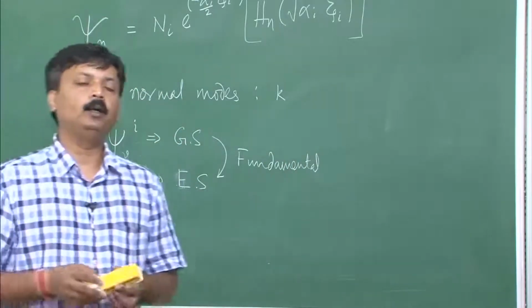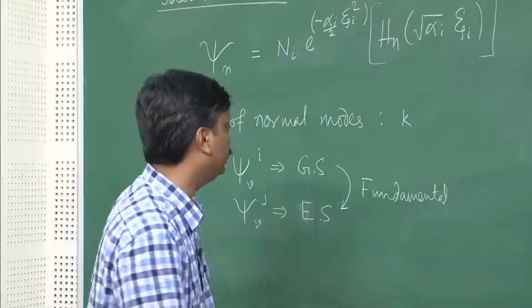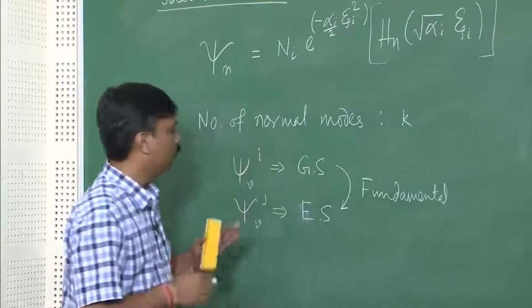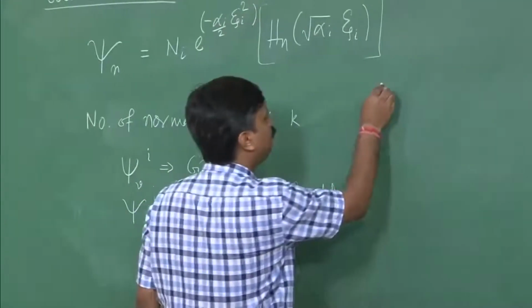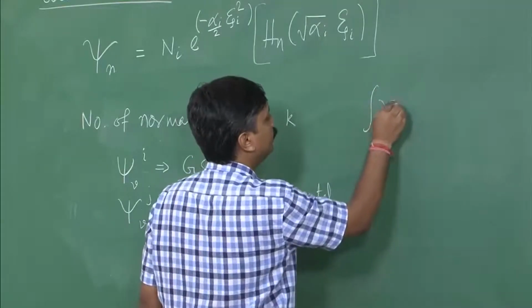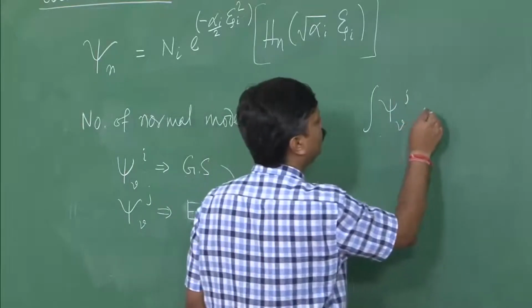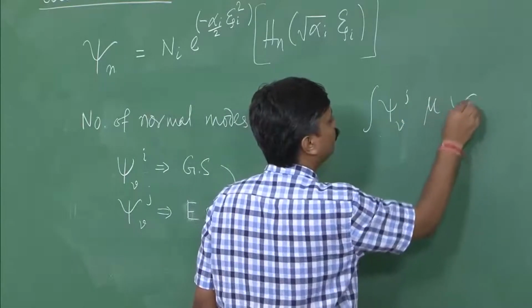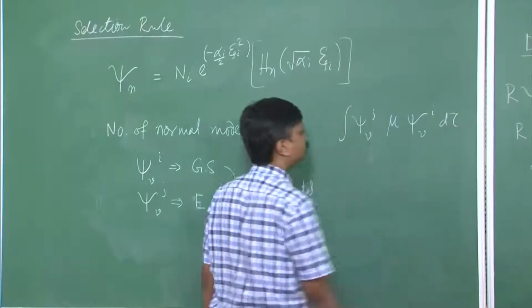Now, we have to find out how we know about the transition probabilities. If I want to consider this fundamental transition, I can write the transition moment integral as psi v j over all space.